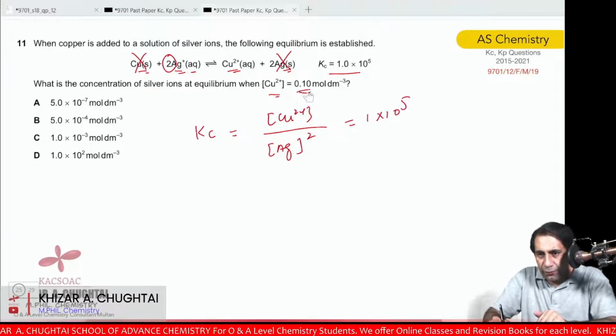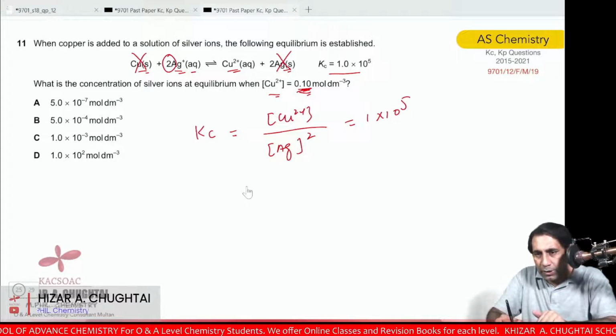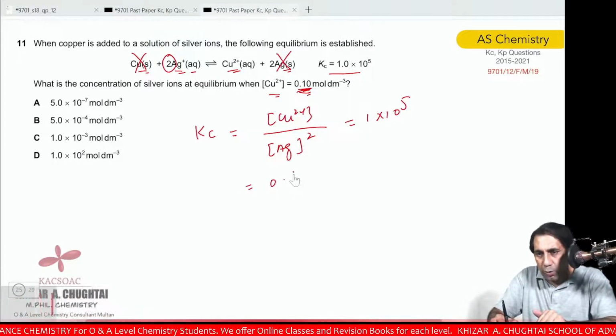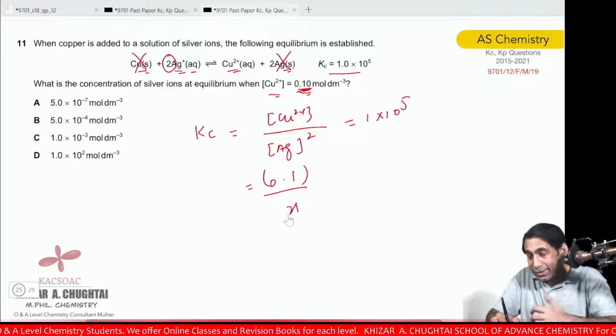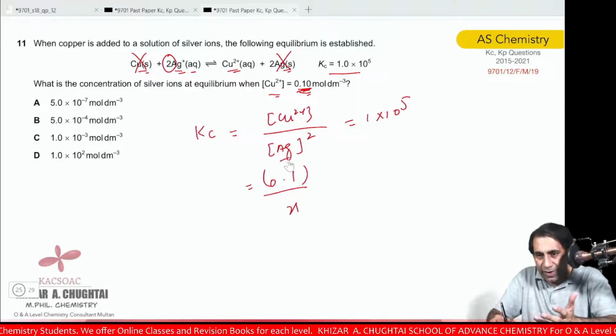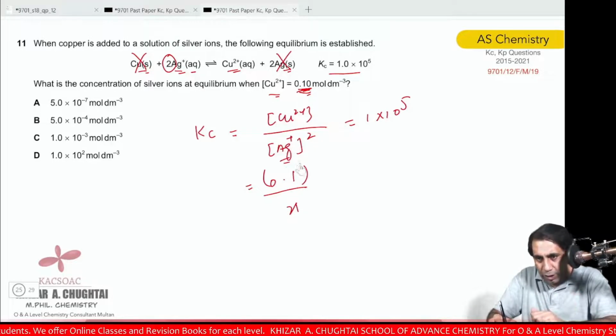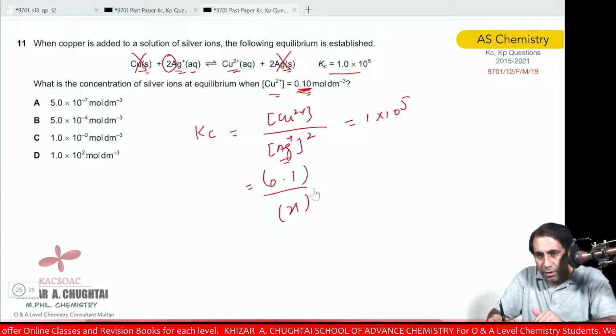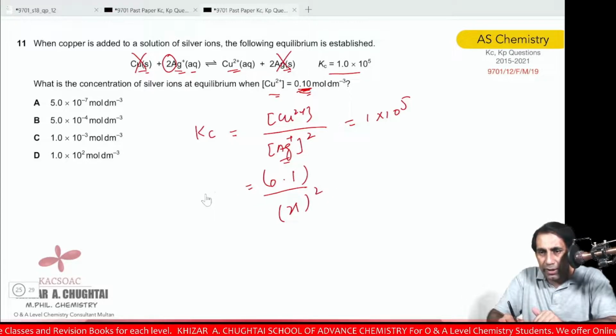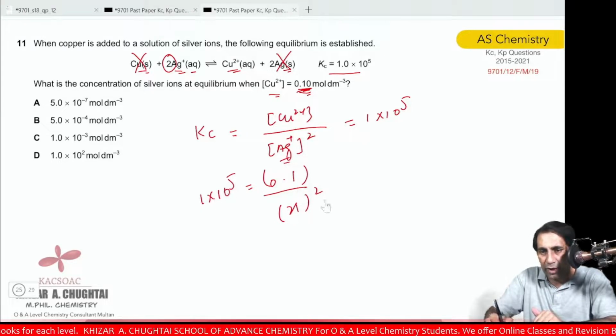And the concentration of Cu2 positive ion is also given, 0.1 mole per dm cube. So 0.1 mole per dm cube divided by, let's suppose that the concentration of silver ion is equal to X, raised to power 2, and that is equal to 1 into 10 raised to power 5.